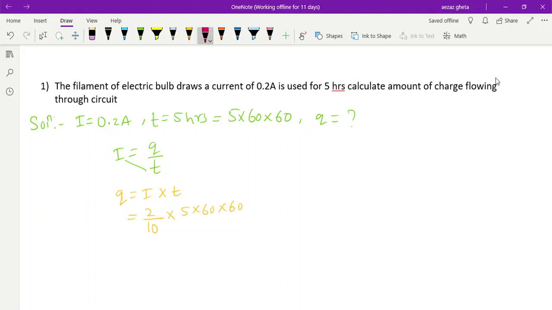Here you can cancel this 0 and this 0, and multiply the rest. 6 6s are 36, 36 into 10, right? This is 36 and this is 1 0 because of this 10. So what is the answer? 3600 coulomb.